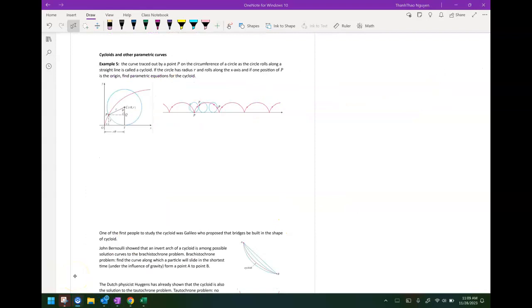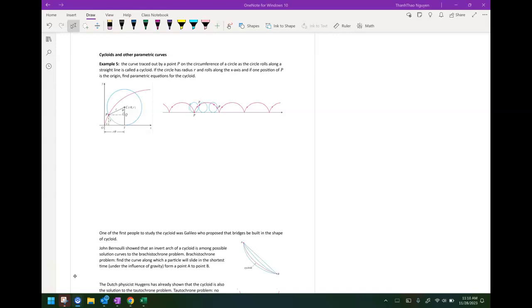The cycloid and other parametric curves. The curve traced out by a point P on the circumference of a circle as the circle rolls along a straight line is called a cycloid. If the circle has radius r and rolls along the x-axis, and if one position of P is the origin, find the parametric equation for the cycloid.